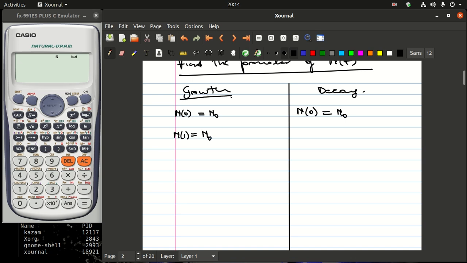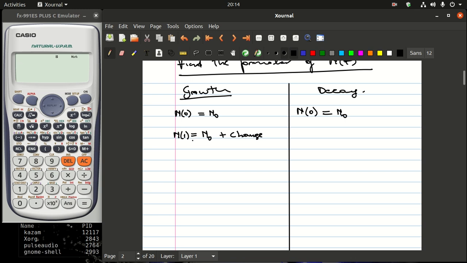Remember that now we have a quantity that is growing, so if it was money, we're supposed to have n0 plus some profit if this quantity is money. Or if it is not money, it's just some other amount, I'm just gonna say it is n0 plus some change after a year.